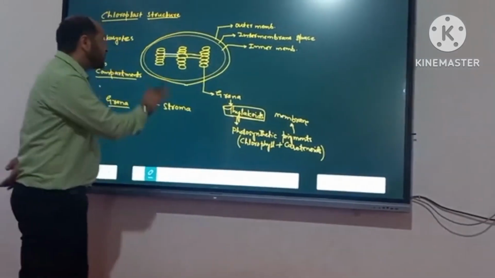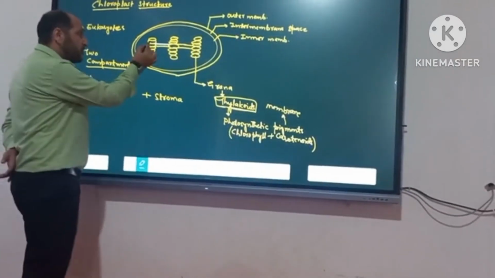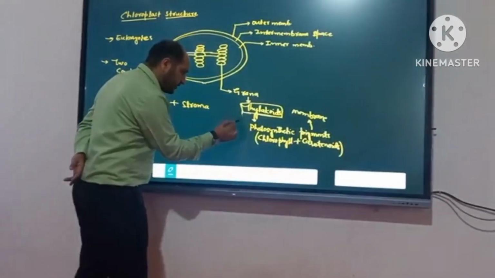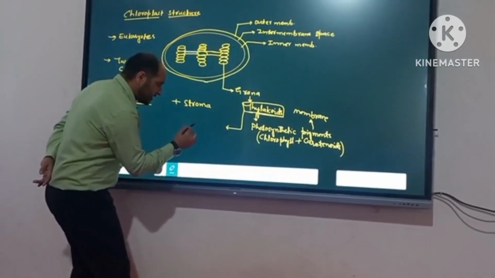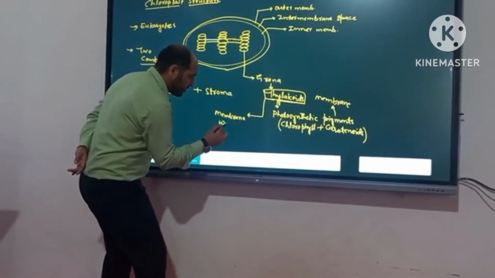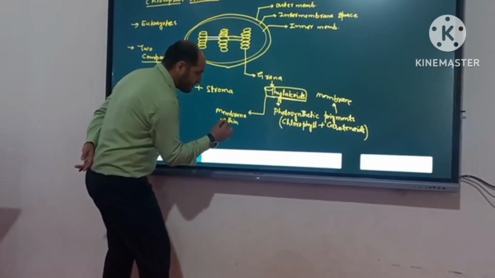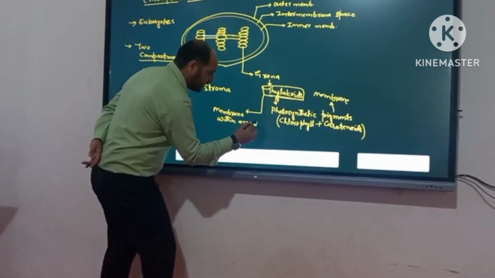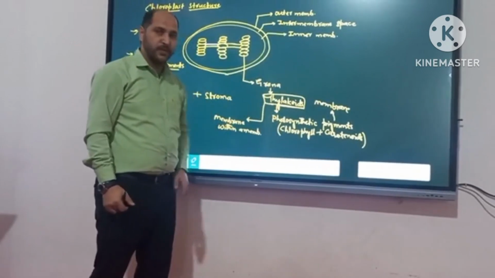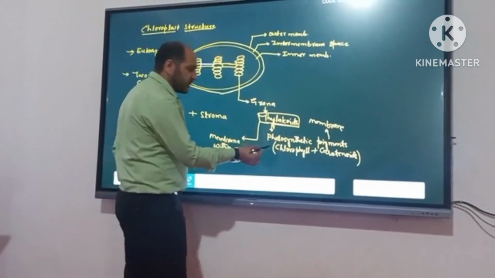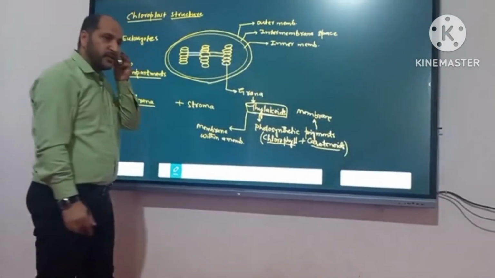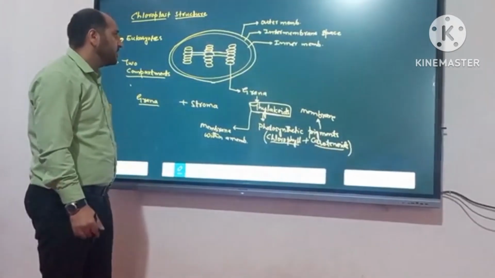The thylakoid is a membrane within a membrane structure, which contains these photosynthetic pigments in its membrane. In higher plants those pigments are chlorophyll molecules and carotenoids. In bacteria, those are other molecules.